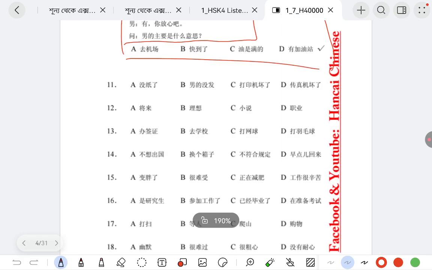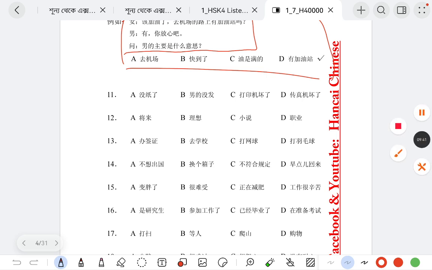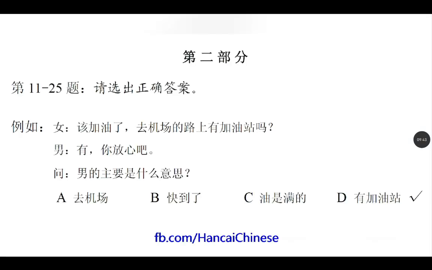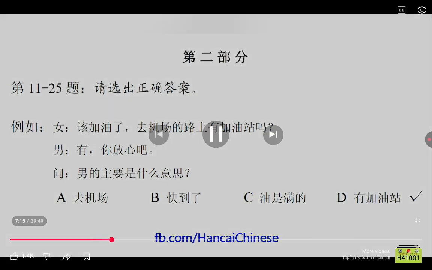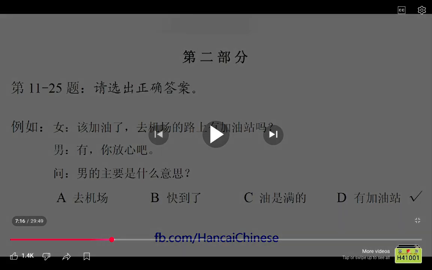Okay, go to okay. 一共15个题，每题听一次。例如，该加油了，去机场的路上有加油站吗？有。 The first one is example. Okay, First one is example.